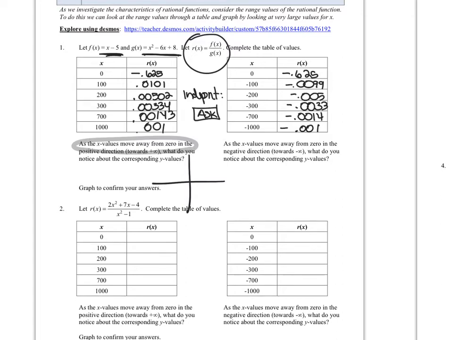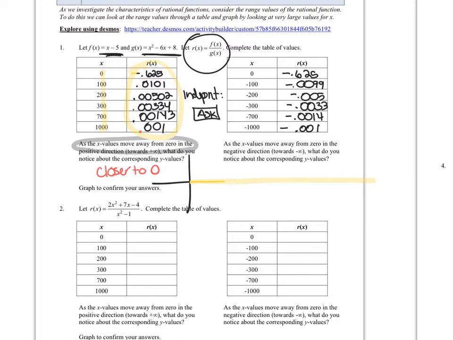Notice x goes from 0 to 1,000, so we are way out here. What are our output values? They're getting closer and closer to 0.